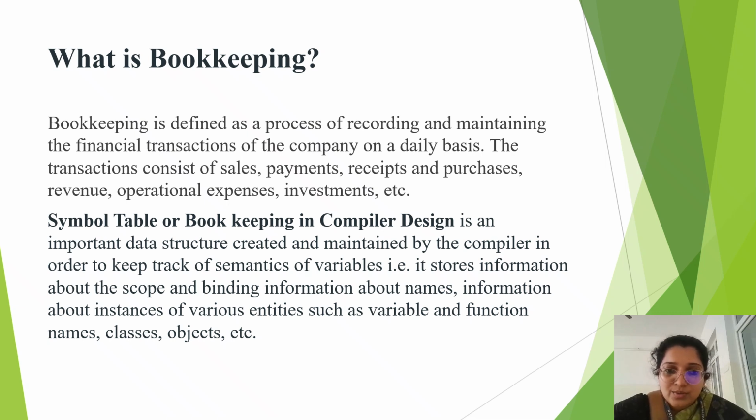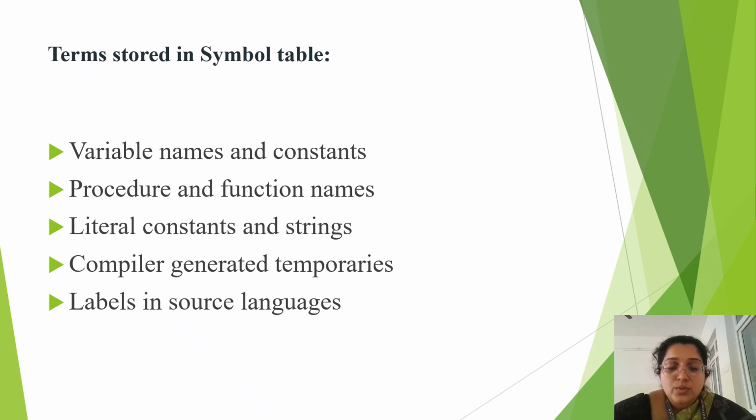Likewise, the symbol table is also known as bookkeeping, where it stores all the information about the analysis phases from the start to the end. The things contained in the symbol table are variable names, procedure and function names, literal constants, strings, compiler generated temporaries, and labels in source languages.